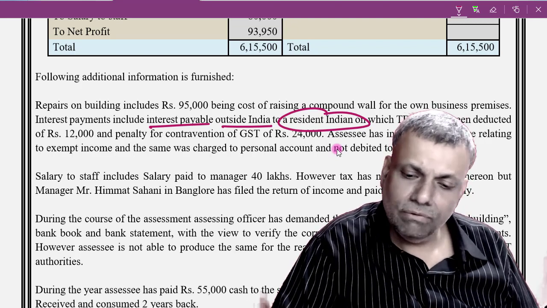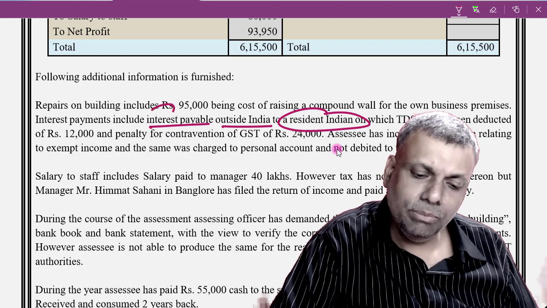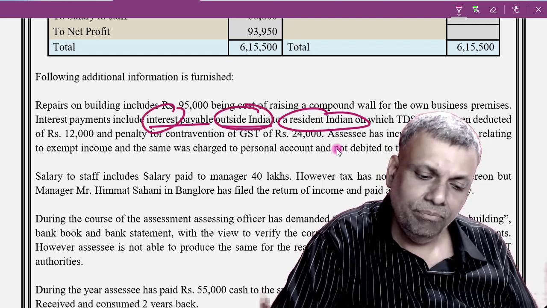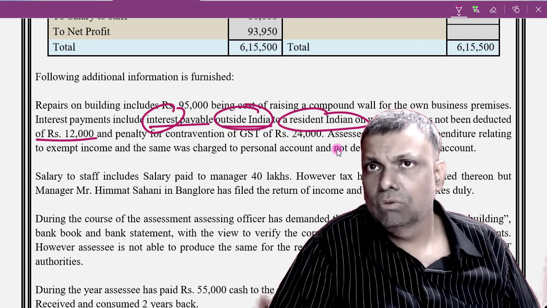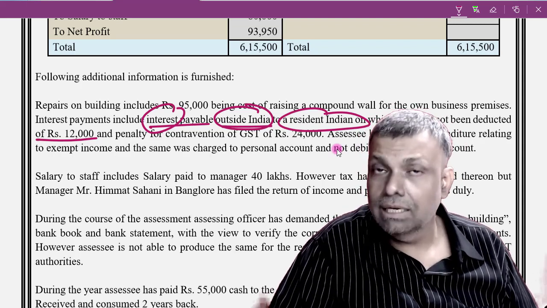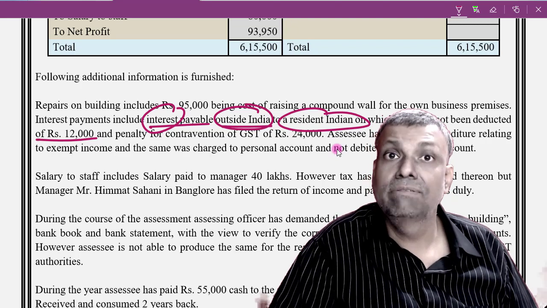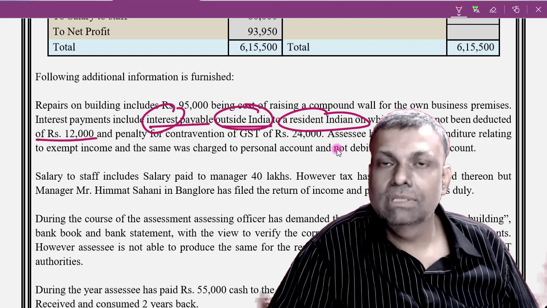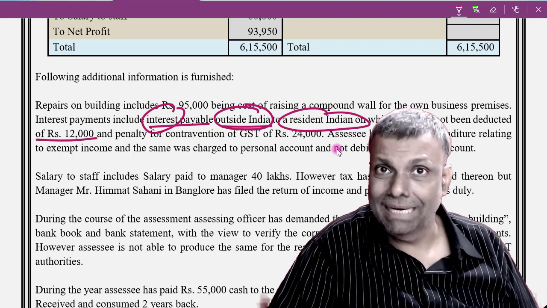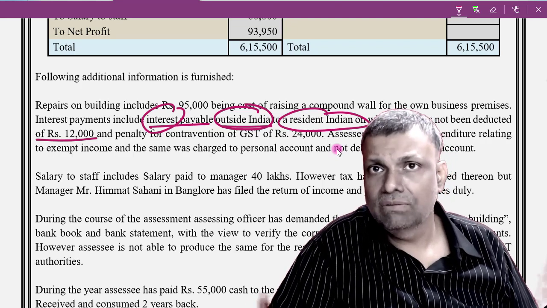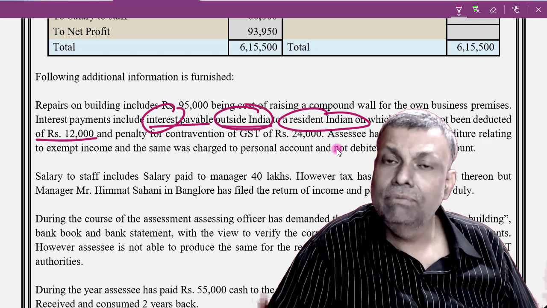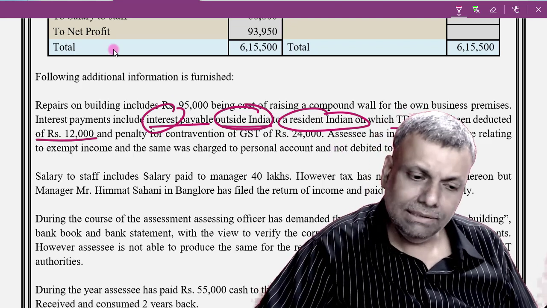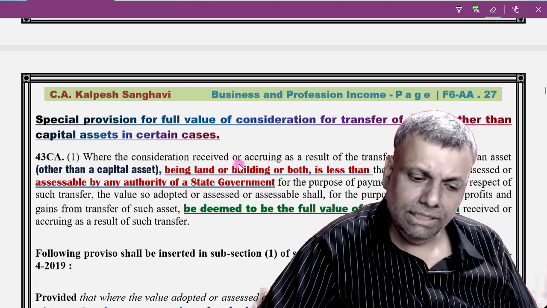Now, first of all, interest payable outside India is 12,000 and the tax has not been deducted. Now friends, one very important disallowance from the business income point of view is a failure on the part of the assessee to do the TDS compliances. So there are different types of transactions. I will take you to those particular provisions, and if you fail to do TDS compliance, then there will be some sort of a disallowance.